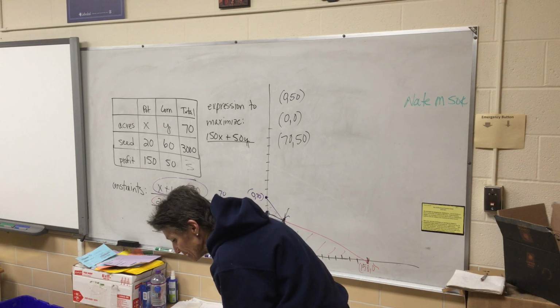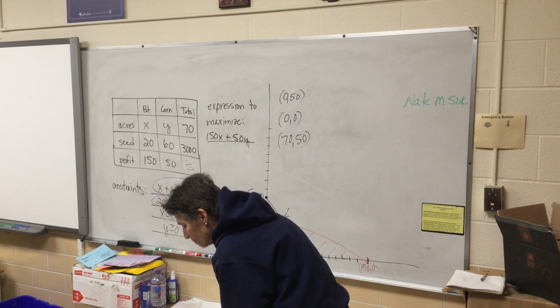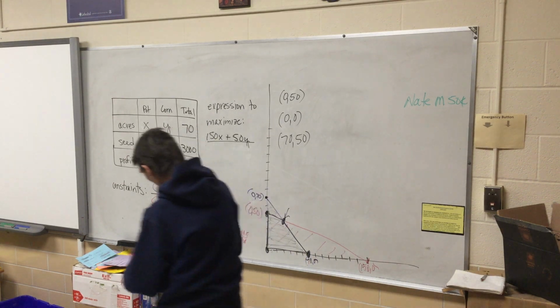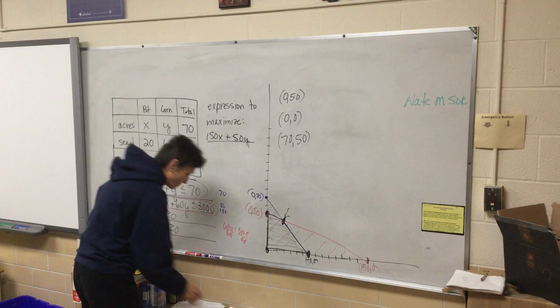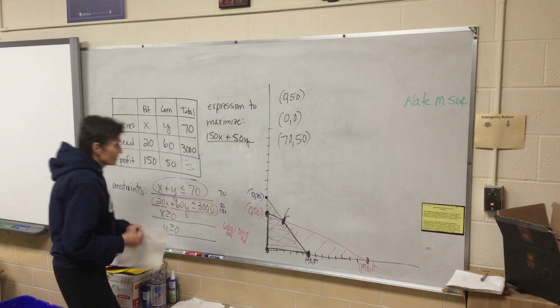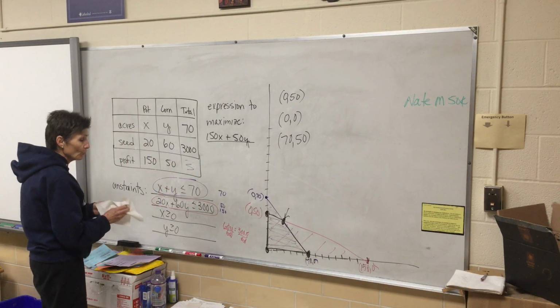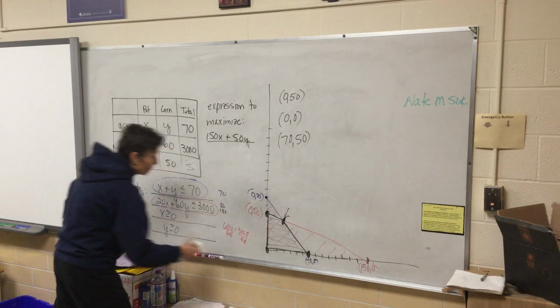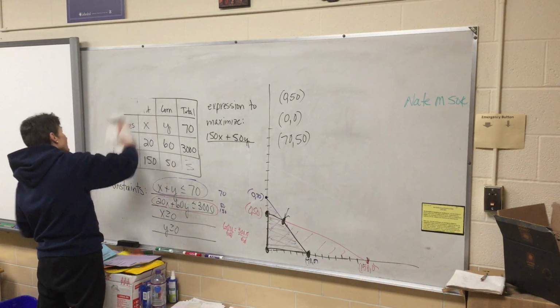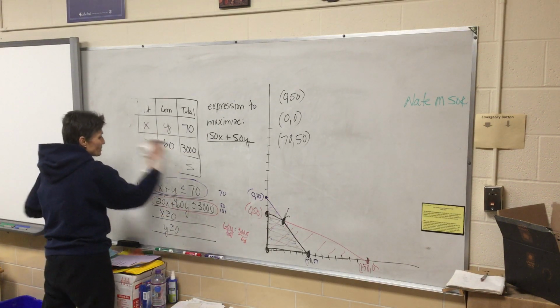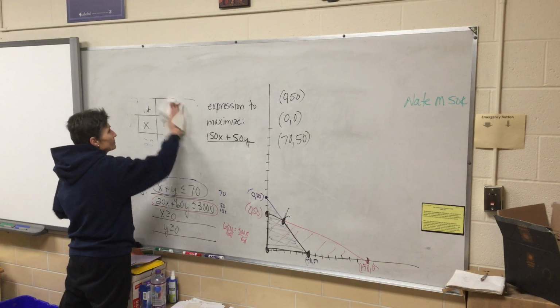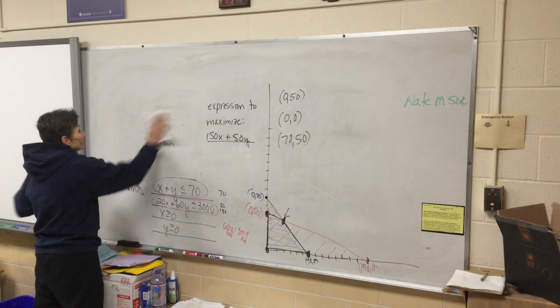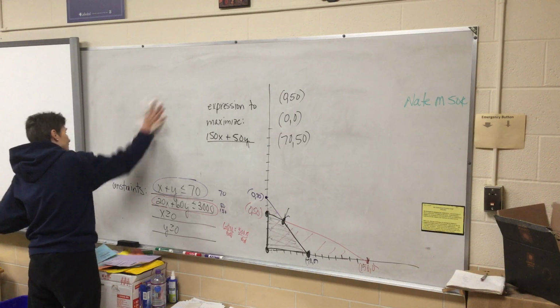You may have a good idea from your graph, but that's not always the most reliable. So who remembers how we find that point, that missing point that we need? Who remembers how we do that? Use substitution or elimination. Exactly.